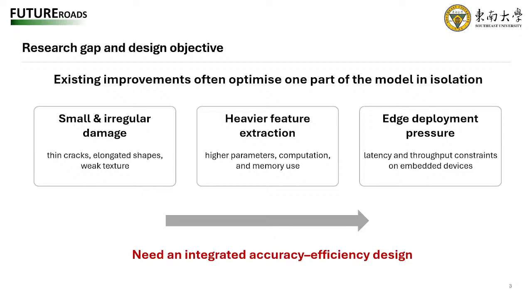The model becomes very difficult to deploy on edge devices where computing resources are very constrained, because a larger model has a lot of parameters and increases the computational cost. So our objective is to develop an integrated design that can achieve fast inference speed and accurate damage detection.